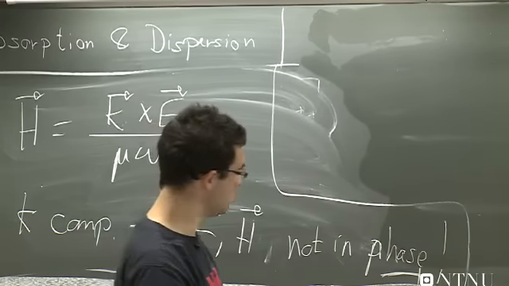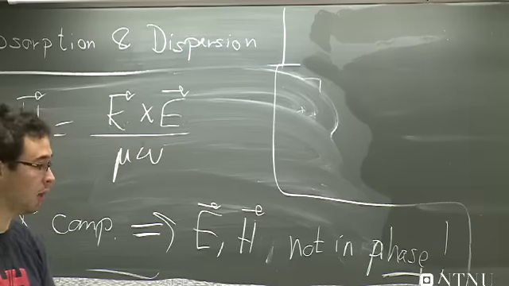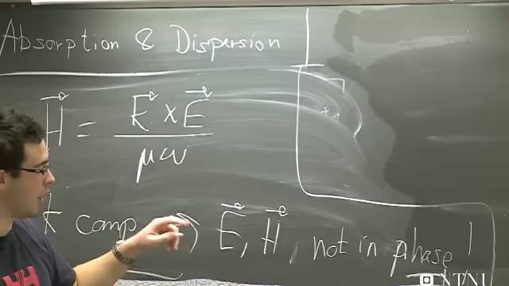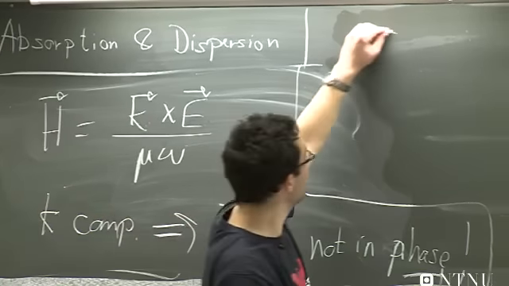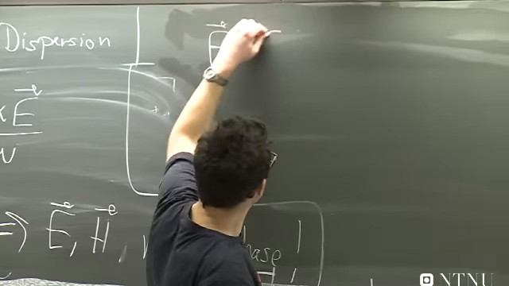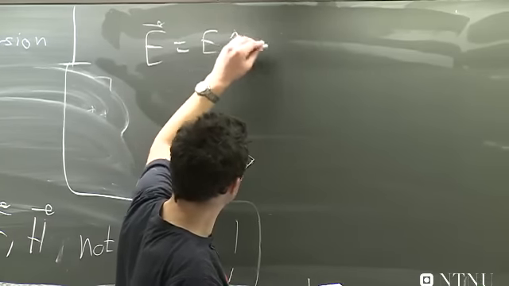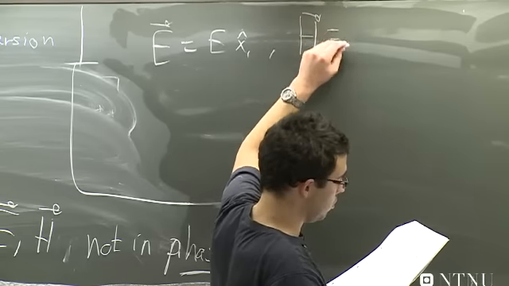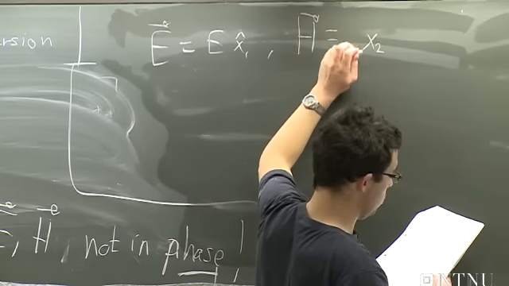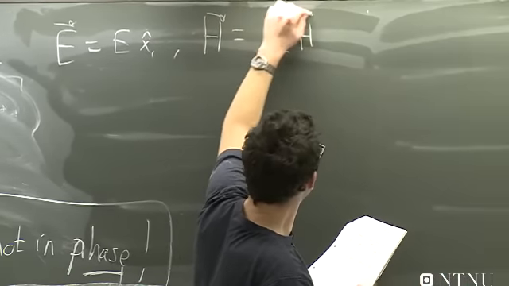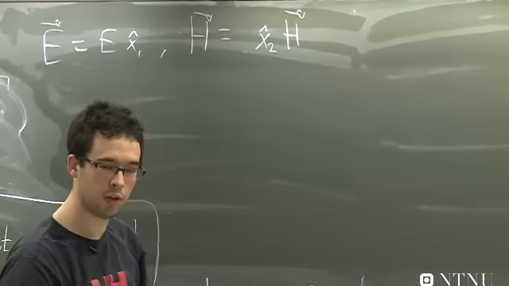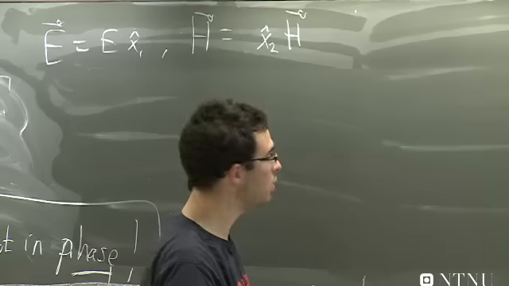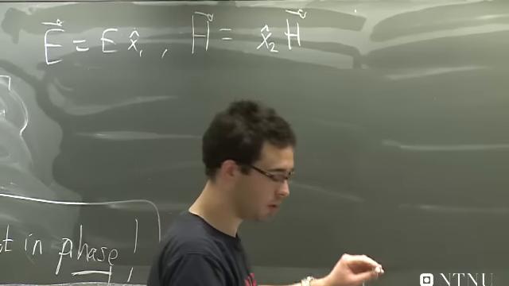And the reason, of course, is, well, let's say we align E and H along the axes 1, 2, 3, so that E is equal to E x1 hat, H is equal to x2 hat H. This is just to get rid of all the vectors to make this a bit more clear. The physics is the same no matter what the coordinate system, as always.